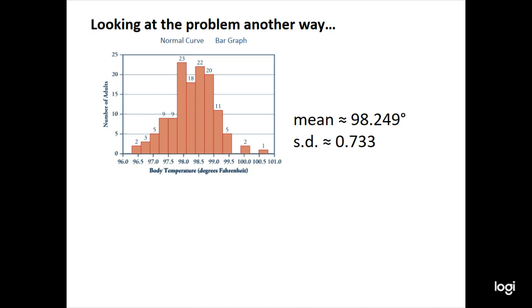Table 2 in the back of our book will tell us how to do this. Using that and some geometry, we can always find the proportion of values above or below any z-score, and even the proportion of scores between any two z-scores. Okay, so let's see how that works.